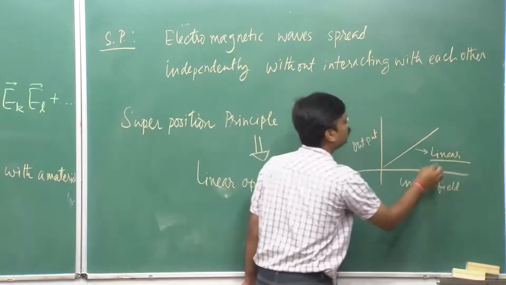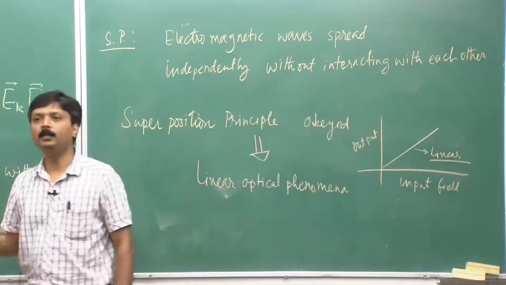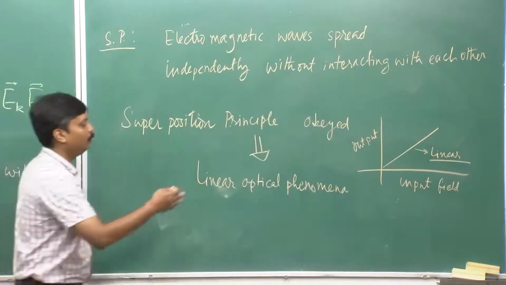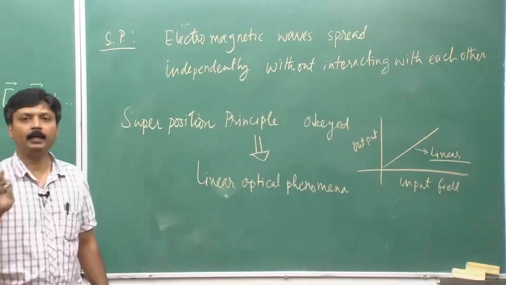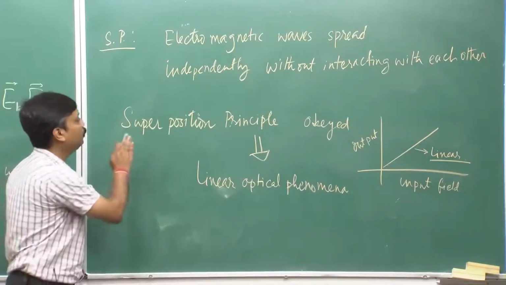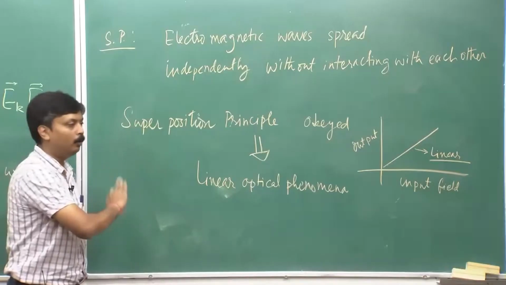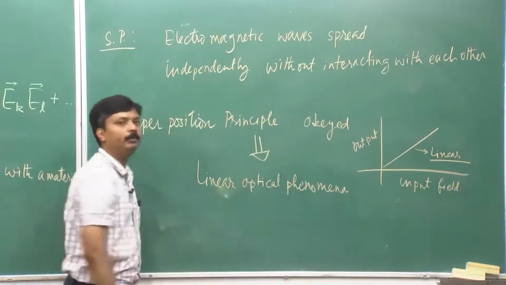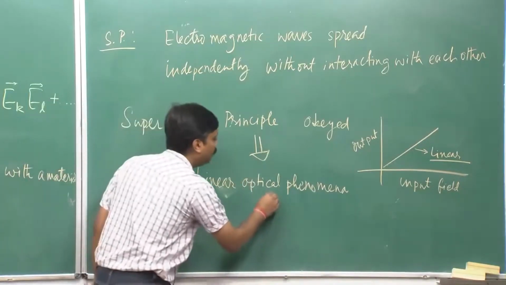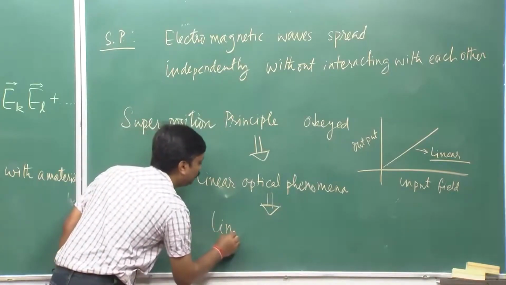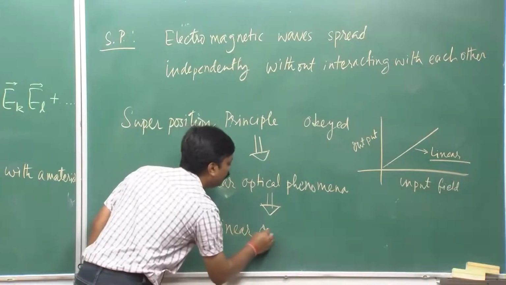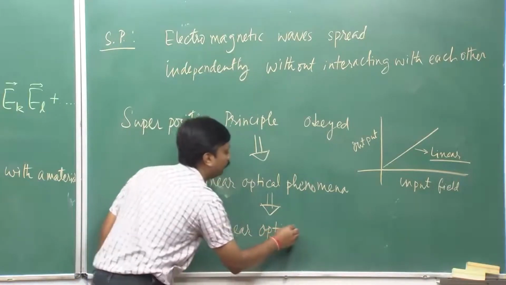So, the response will be totally linear. When the light matter interaction follows the superposition principle, we obtain all these linear optical phenomena, and we say that we are in the linear optics regime.